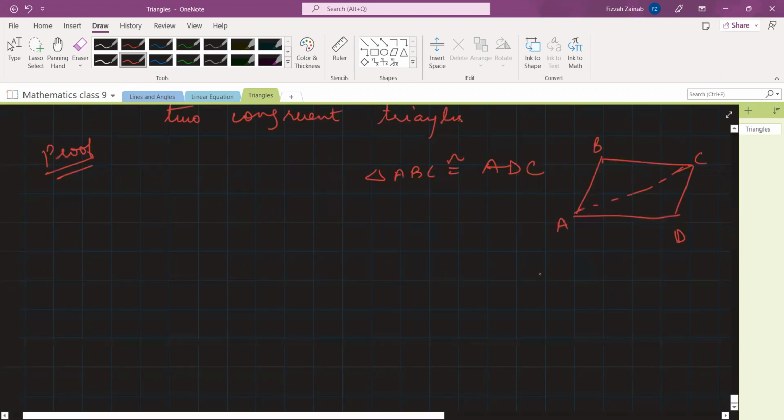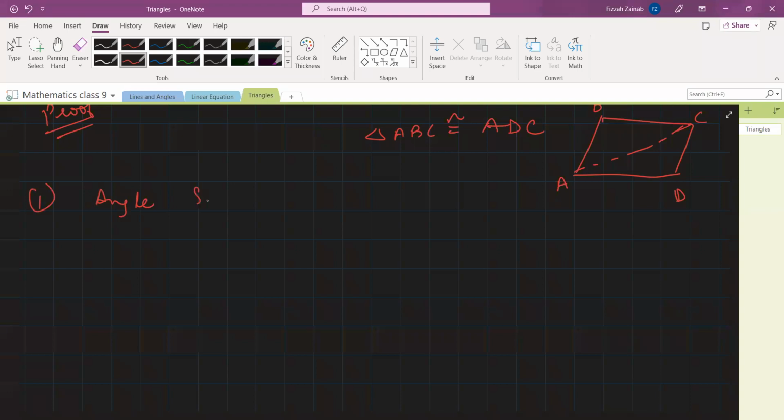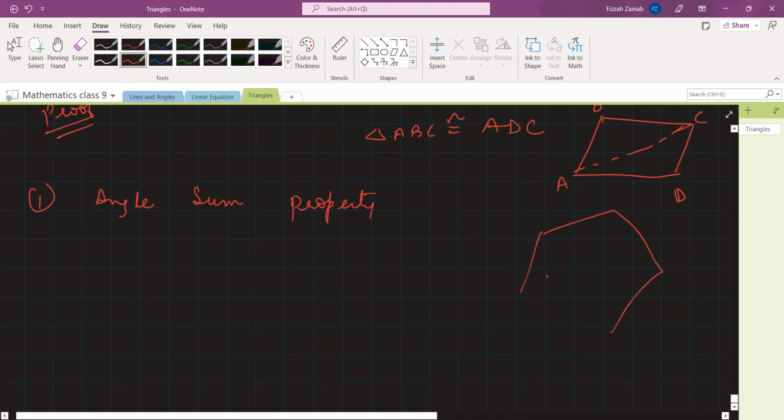Yeah, there are two more things. One is called the angle sum property. You should know when you are studying quadrilaterals, there's nothing in this.